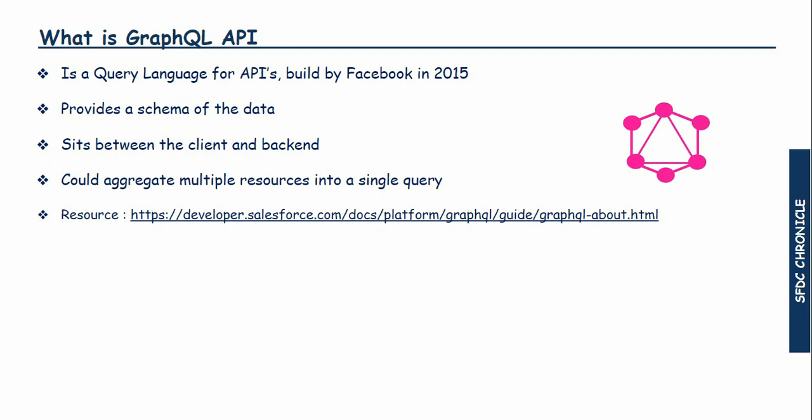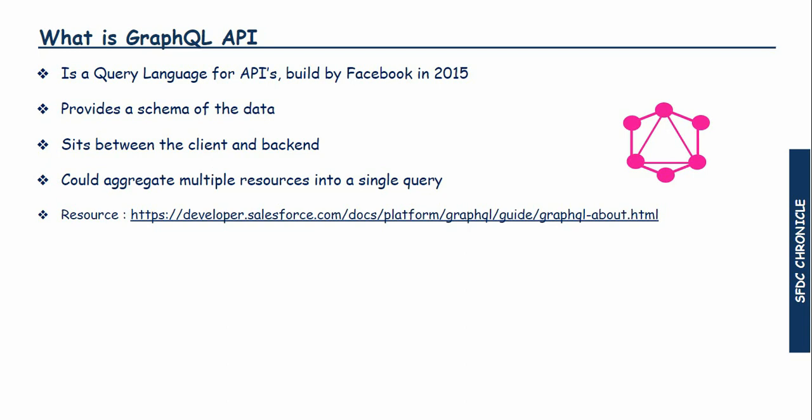In Salesforce, GraphQL API is a modern API interface that allows developers to interact with Salesforce data using the GraphQL query language. Facebook started building this API in 2012 and it became public in 2015.